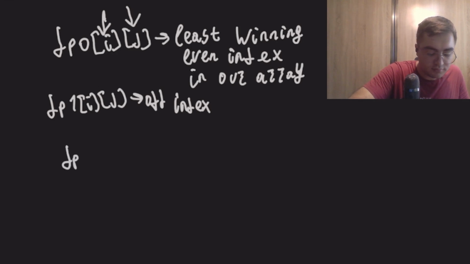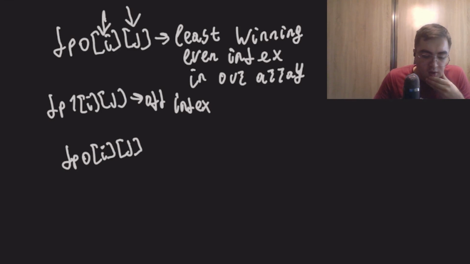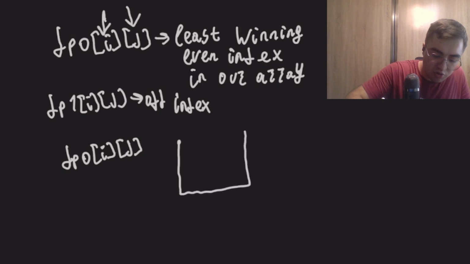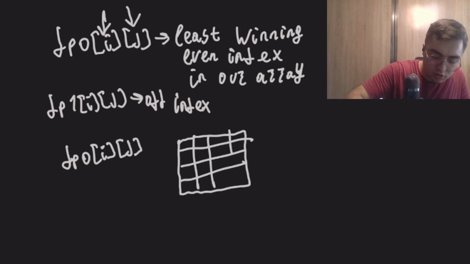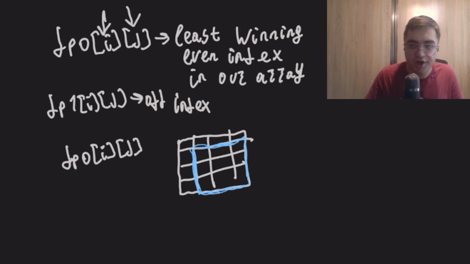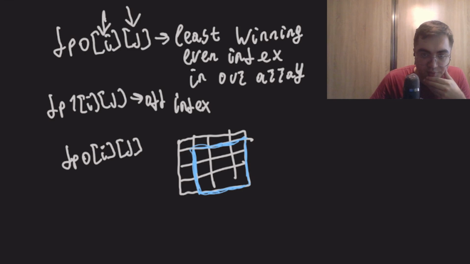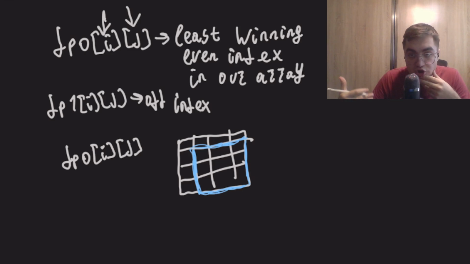In this case, to update dp0 ij, what we can do is, let's say this is our ij, the top and the leftmost one, right? So if we were to choose the cell there, then the opponent needs to reply somewhere in this highlighted part. And they can actually choose any of these.